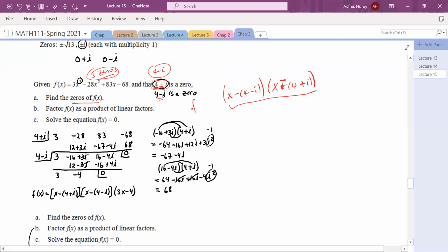So basically what it means is we can write this reduced form of this function since already we know 2 of the factors. The first one is this, second one is this, and the third one is the one that we don't know, which is q of x. So we multiply these 2 first because we know them, and then we divide f of x by this one to find q of x. Therefore, f of x is the product of this.